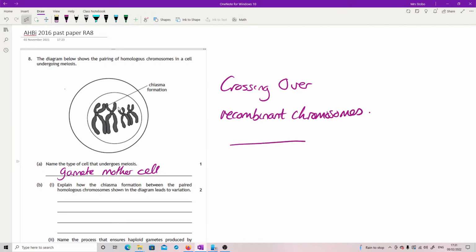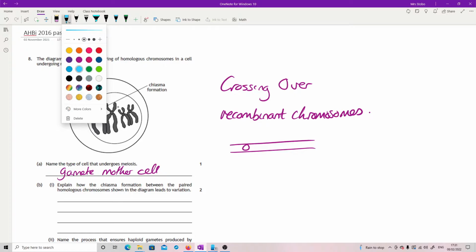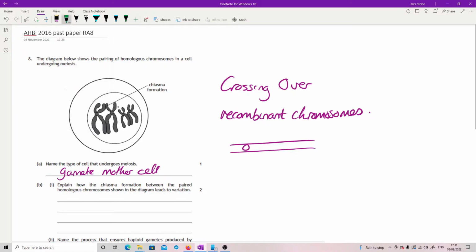So what we've got is, if this is homologous chromosome 1, and I'm just going to do homologous chromosome 2 in a different colour, these are the same order of alleles, and you've got your centromere in the same place.